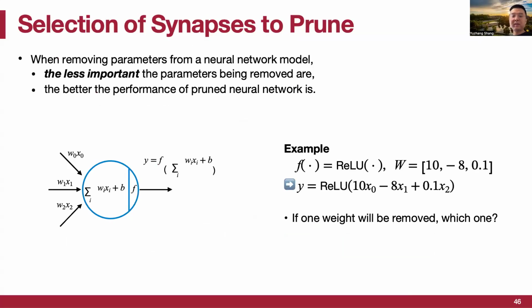This is because this element, W2, contributes less to the whole calculation, right?